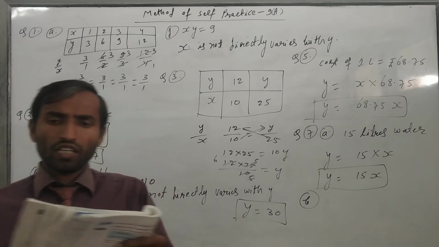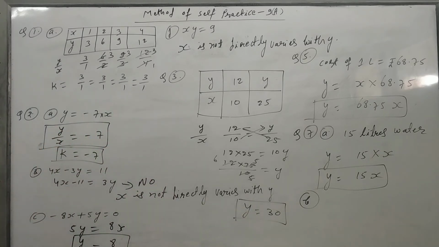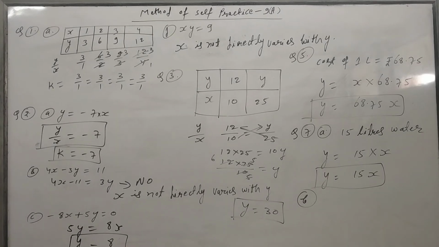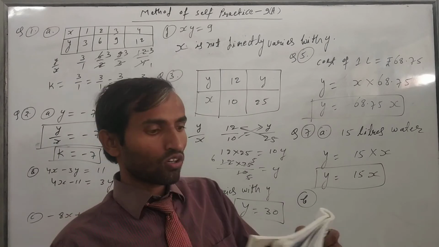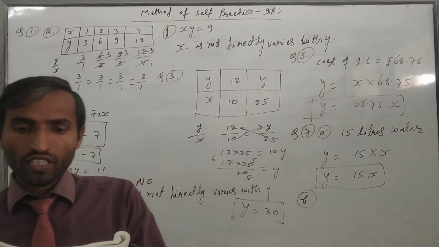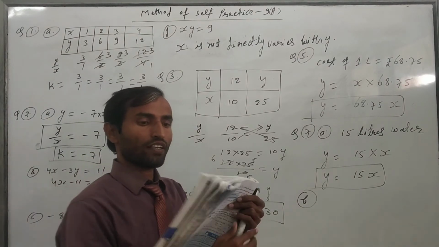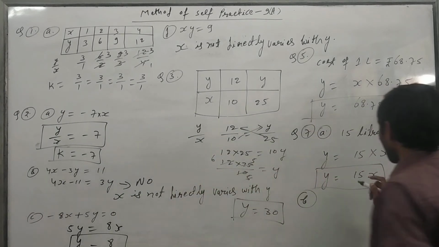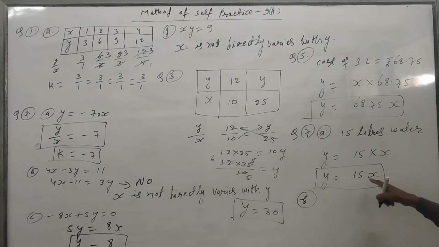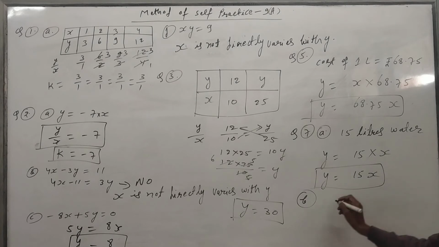In the B part we have to find, if Ragni does 1 load of laundry daily, how many liters of water she will save at the end of the year. So we have to multiply by 365 because in 1 year there are 365 days.